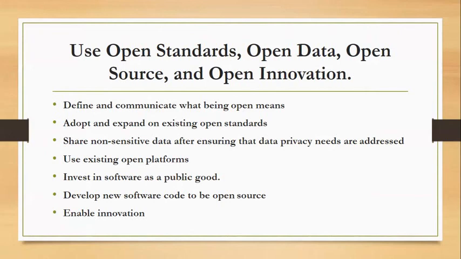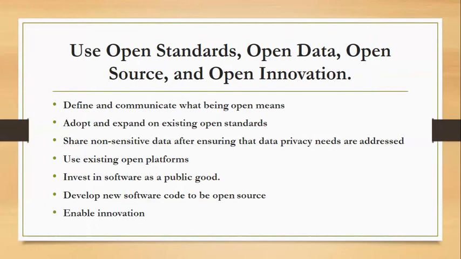Use existing open platforms where possible to help to automate data sharing. Connect your tools or system with others and add flexibility to adapt to future needs. Invest in software as a public good.